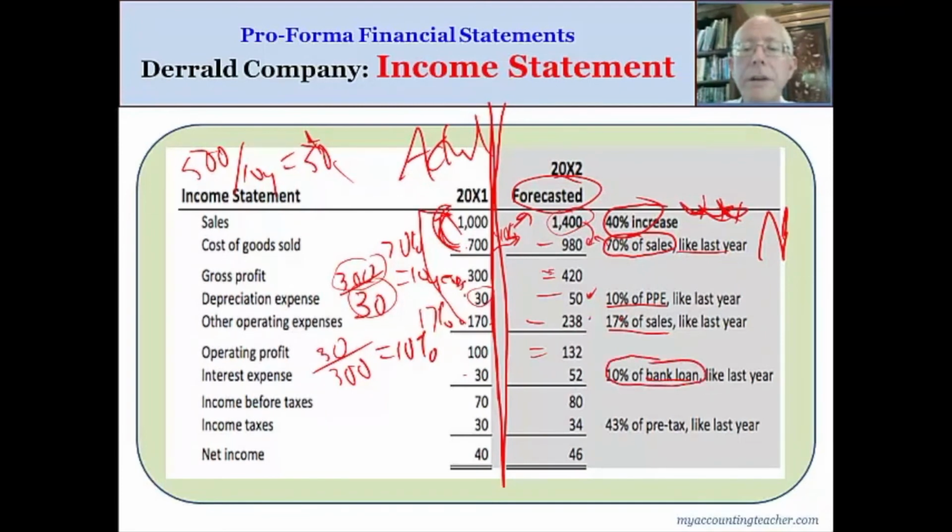That's the interest rate, just like last year. I'm assuming that the interest rate is going to remain the same. So if my interest rate on loans remains the same and my loans go from 300 up to 524, then my interest expense should go from 30 up to 52. So now if my interest expense is forecasted to go up to 52, operating profit minus forecasted interest expense gives me forecasted income before taxes of 80.